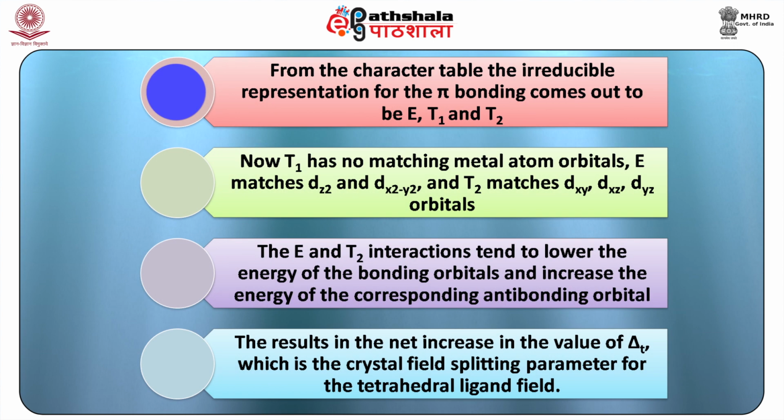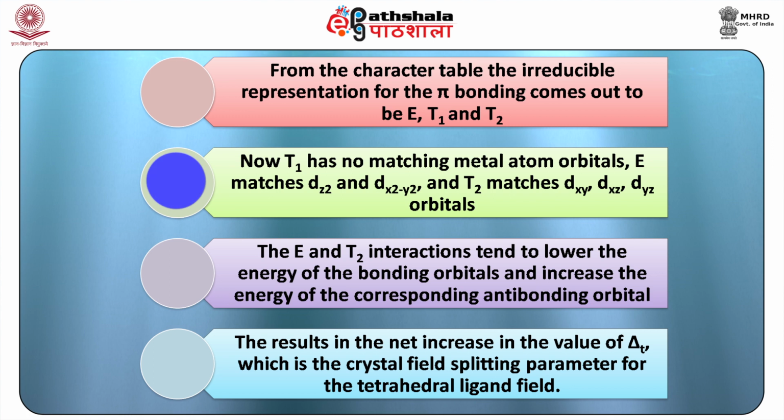From the character table, the irreducible representation for the pi bonding comes out to be E, T1 and T2. Now, T1 has no matching metal atom orbitals. E matches that of dz2 and dx2-y2.